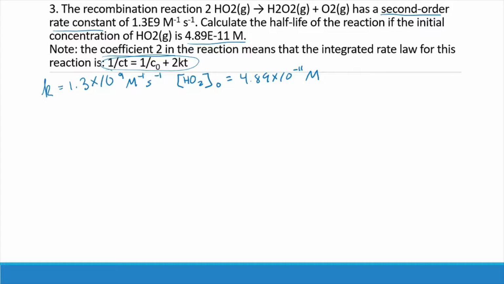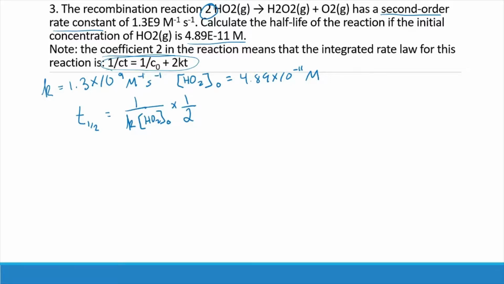And then we know that the half-life equation for a second order reaction is equal to 1 over K times HO2 initial. But we need to add an extra part here because there's that 2 in front of HO2 in the balanced equation. We need to account for that stoichiometry, so we need to multiply this times 1/2. So that's where that 2 now becomes 1/2.